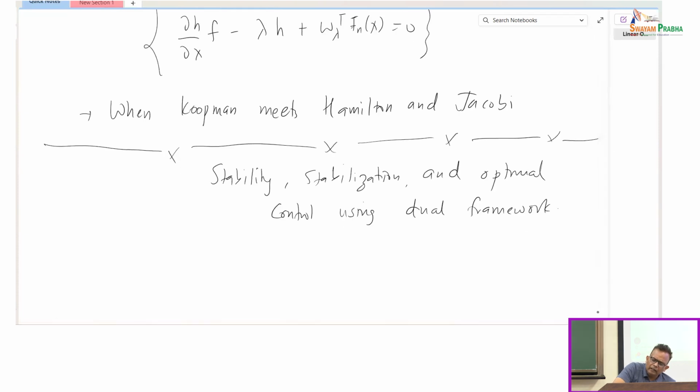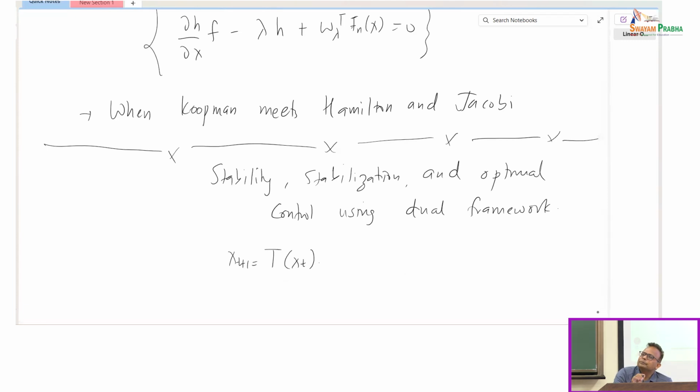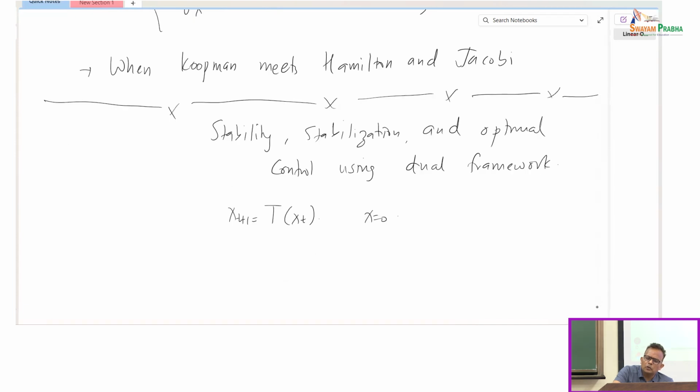So let's look at a discrete time system with no control. Okay. Now, let's say x equal to 0 is the equilibrium point of the system. Now, how do you check if this equilibrium point is stable or not?